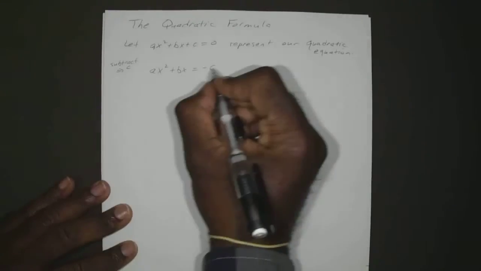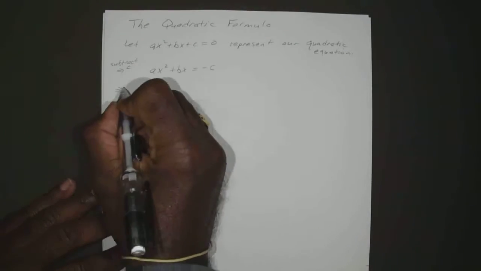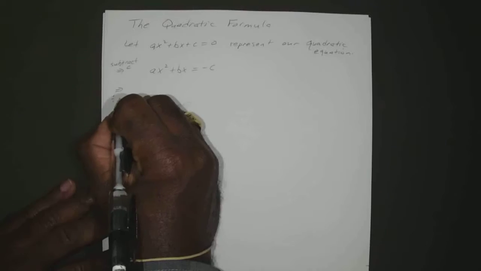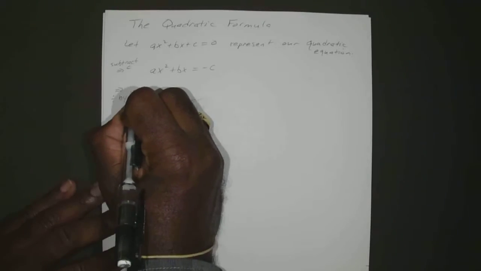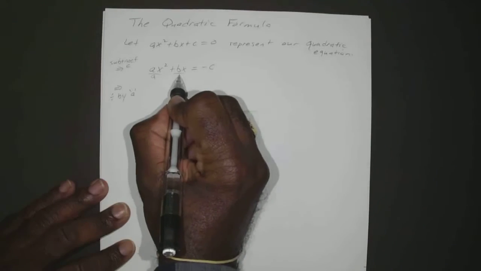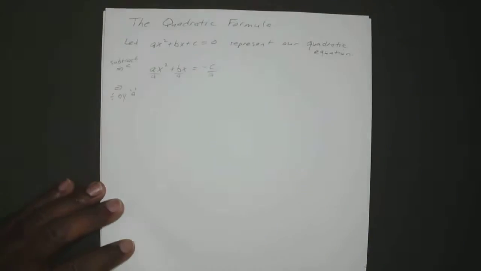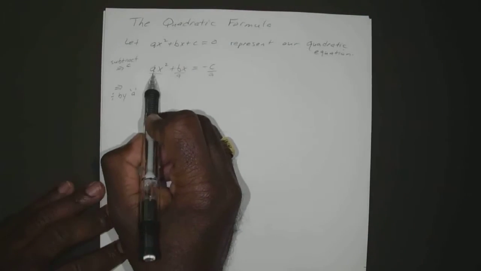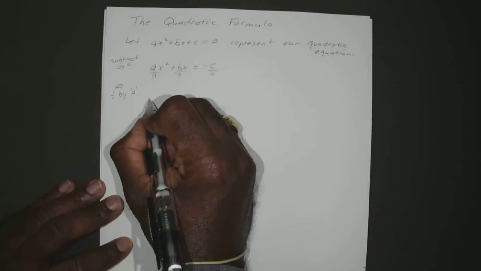Okay. And since we don't know if that a is equal to 1 or not, we'll just go ahead and divide every term by a, just to be on the safe side. So if we divide every term by a, anything divided by itself is just 1.